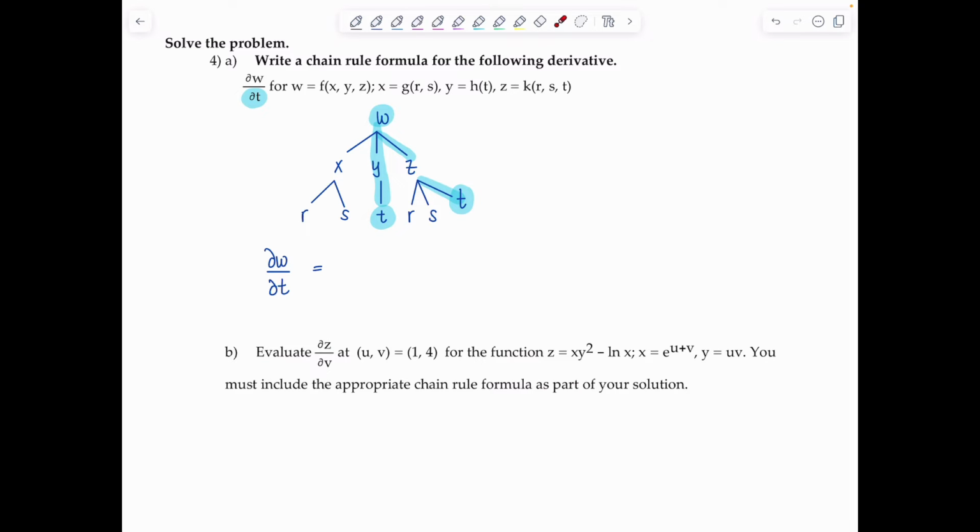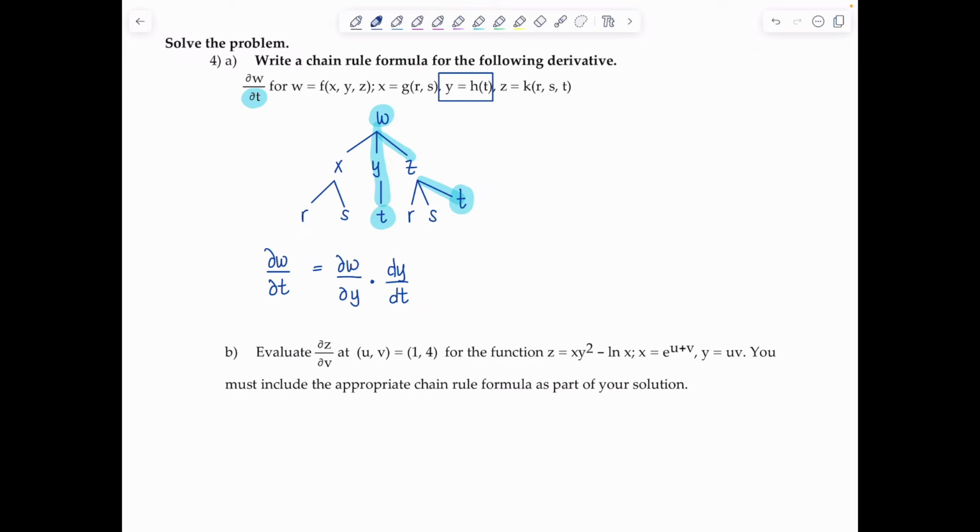So this first branch, this is del w, del y. I have a partial derivative del because w is a function of more than 1 variable. So that's del w, del y, times, I got to go all the way down the branch. You multiply as you keep going down. Dy dt, not del, dy dt. Y is only a function of 1 variable, so that is not a partial derivative.